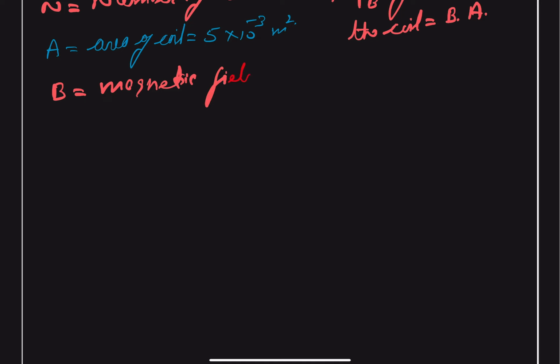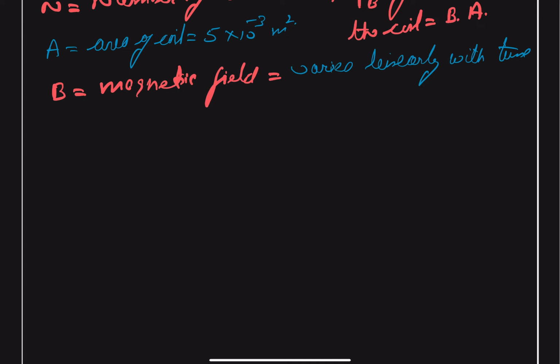B is the magnetic field, and this magnetic field varies linearly with time. So we have two things.